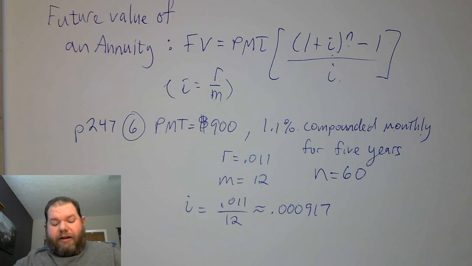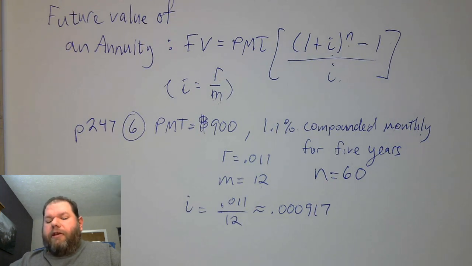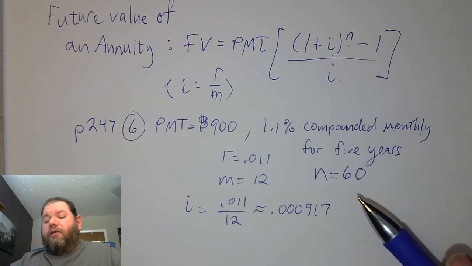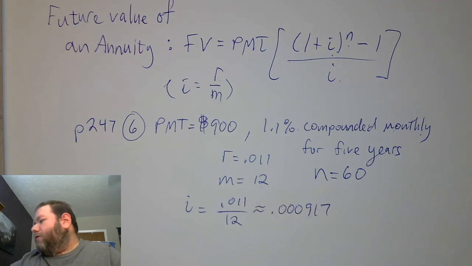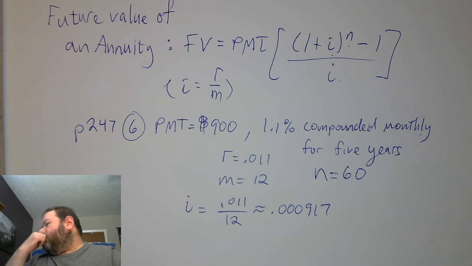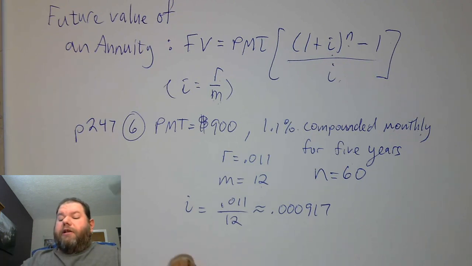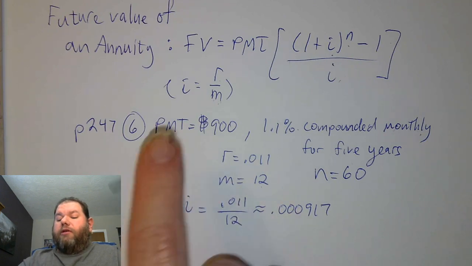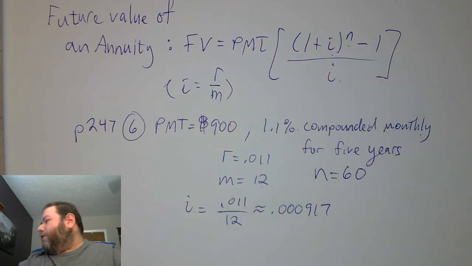Oh, is that it right there? Yeah. And that's one of the key details right there, just distinguishing those two things, M and N. And so once we calculate I, then we can plug all these into our formula.